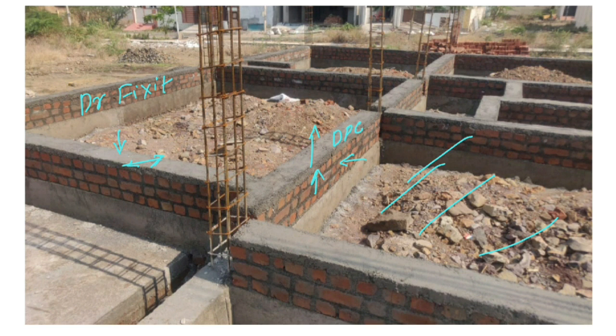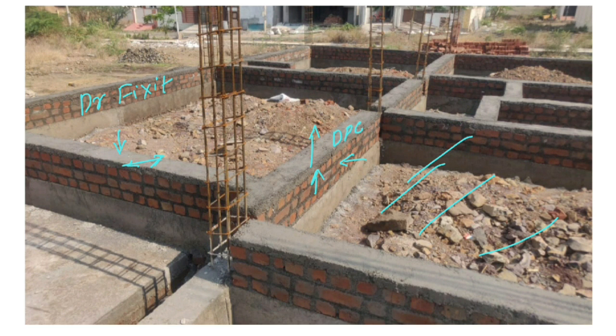There are many types of DPCs. You may use stones or tiles. For example, in early days people used tiles or stones as a DPC. Sometimes you may go for a bituminous layer, sometimes steel sheets.